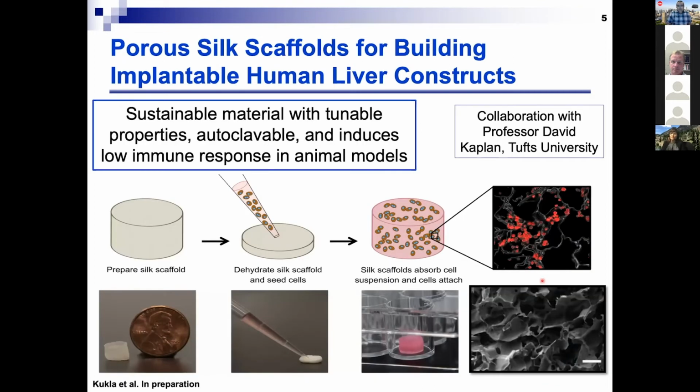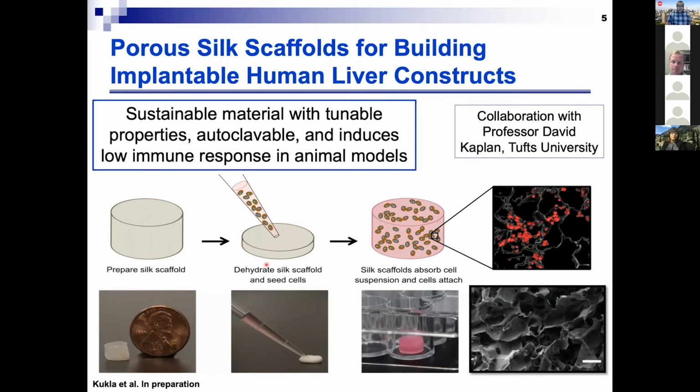Another example is we utilize various biomaterials to construct a three-dimensional organ for therapeutic purposes, so that if somebody is suffering from organ failure, the therapeutic tissue could be implanted in that patient. Here's an example of us utilizing silk. The ancient material silk, which some of you may have sported as clothing, turns out to also be a very biocompatible material, and we can create these silk scaffolds.